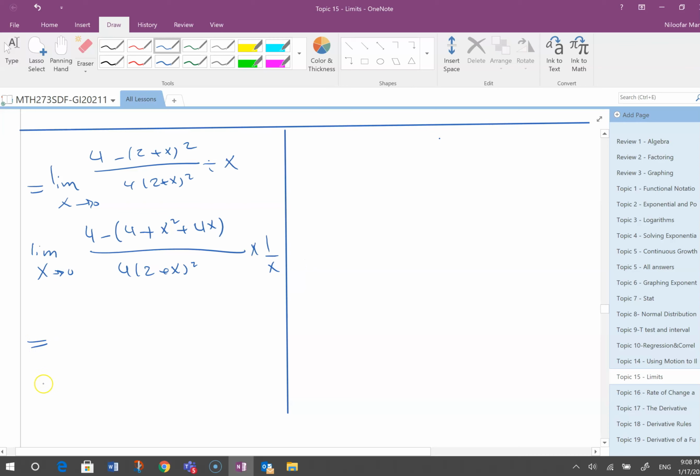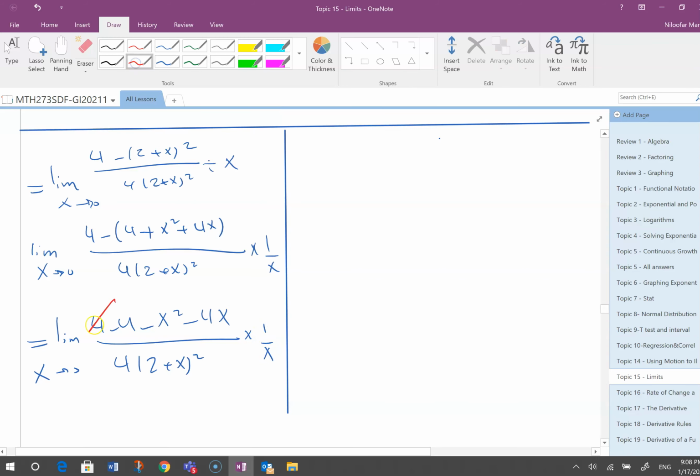Limit as x goes to 0 of (4 minus (4 minus x squared)) minus 4x over 4 times (2 plus x squared), times 1 over x.